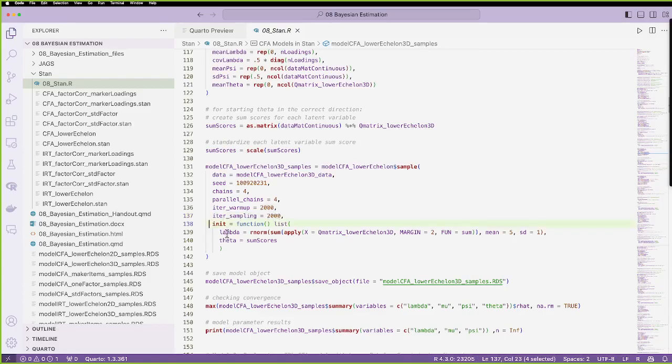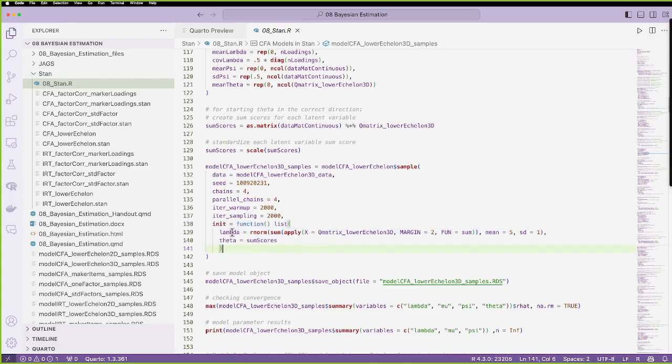Finally, I'm including an initialization function. For those of you in Bayesian psychometric models last year, you'll remember Stan has issues in that it randomly starts our parameters, and sometimes it might start with theta and lambda both being positive, but it turns out if you look at the IRT or the CFA model function, lambda times theta is also equal to negative lambda times negative theta. So the likelihood can be on either side. I don't want that to happen.